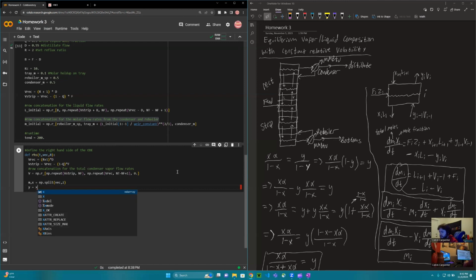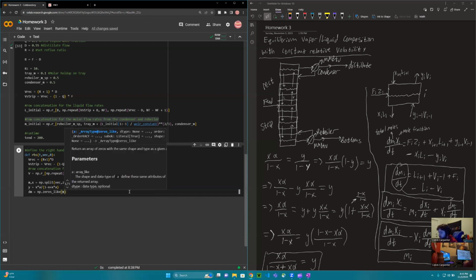Y is equal to X times alpha divided by, in parentheses, 1 minus X, and then plus X times alpha, close parenthesis. And then dm is equal to np dot zeros like m.